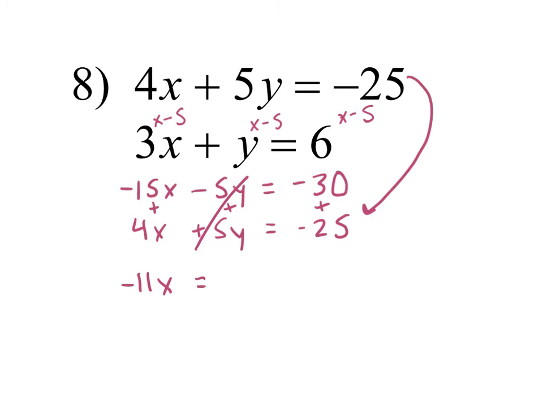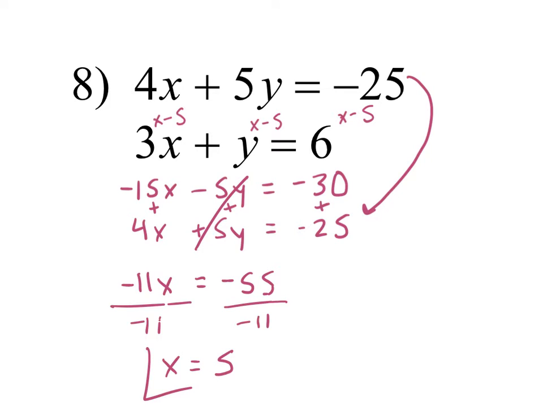Negative 55. Now we divide both sides by negative 11. What's negative 55 divided by negative 11? 5. So x is equal to 5.